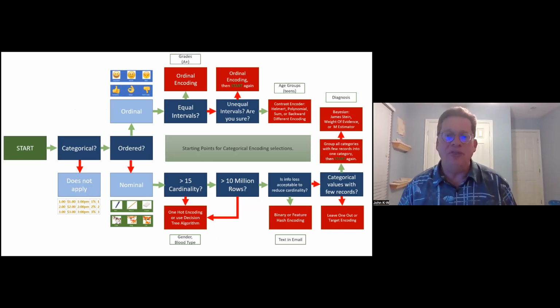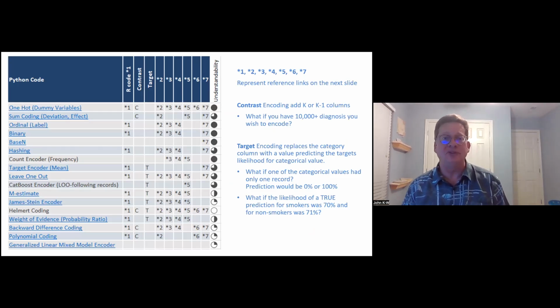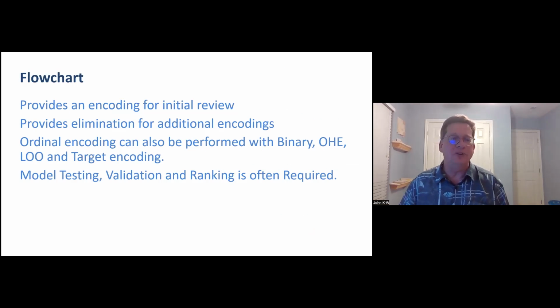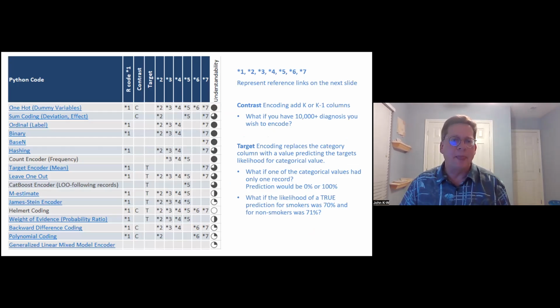There are lots of different categorical encoding methods. These are methods that are available in Python, and there are some side notes on coding methods that are available with coding examples in R.